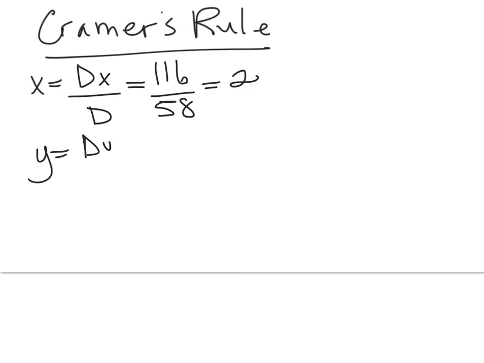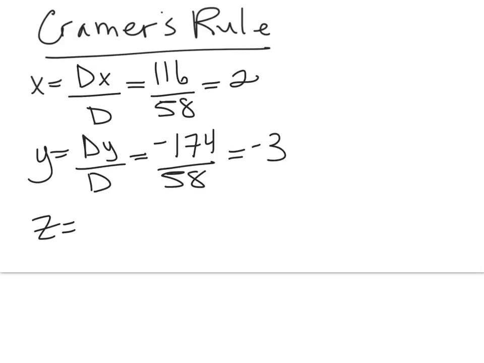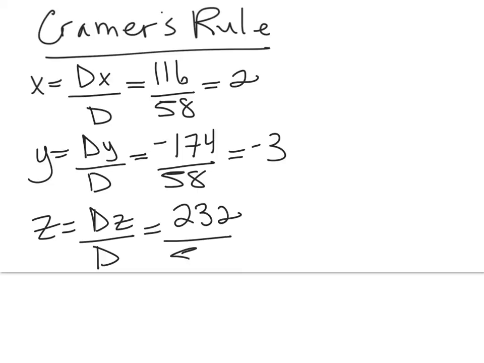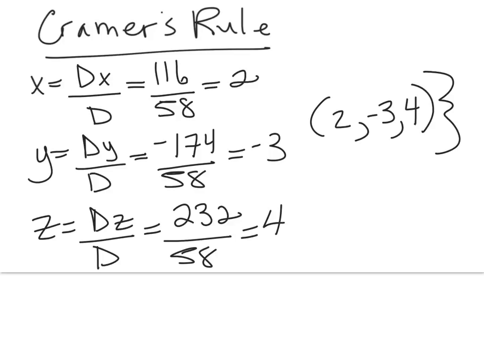Y is going to be determinant y over d, which is equal to 174 over 58, which is equal to -3, and our z variable is determinant z over d, which is equal to 232 over 58, which is equal to 4. So the solution to the system is going to be x is equal to 2, y is equal to -3, and z is equal to 4. And that's our solution set for our system of equations in 3 variables.